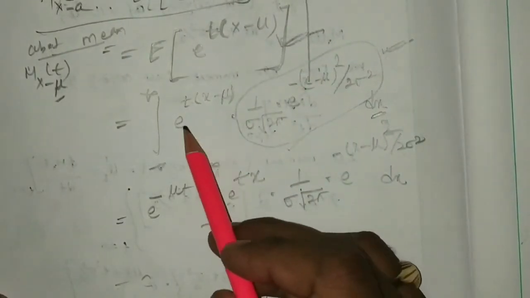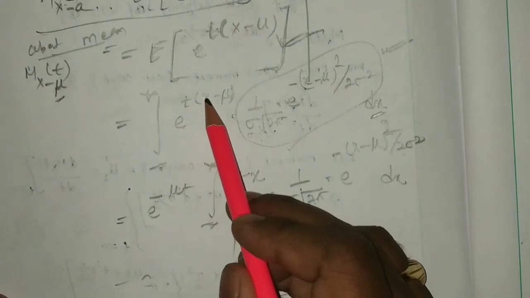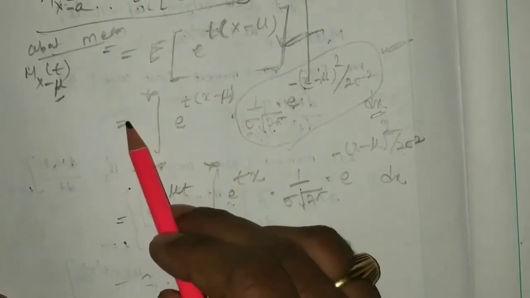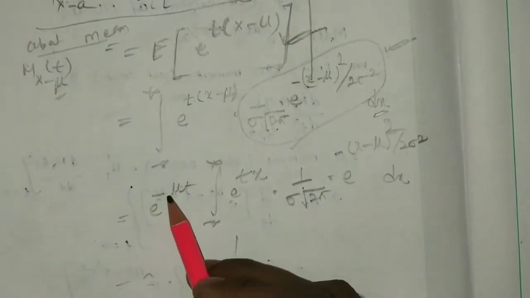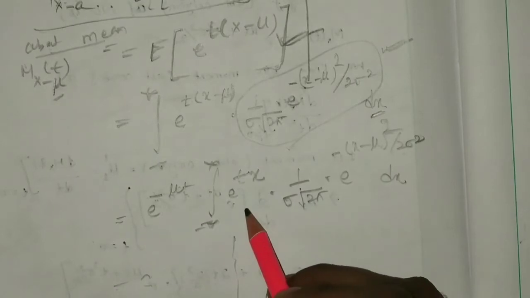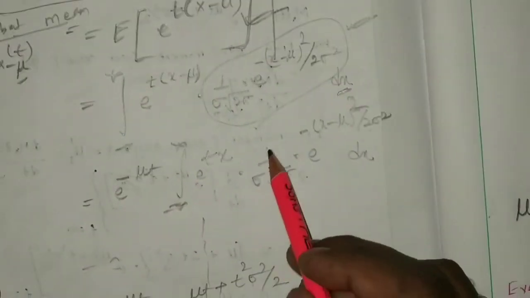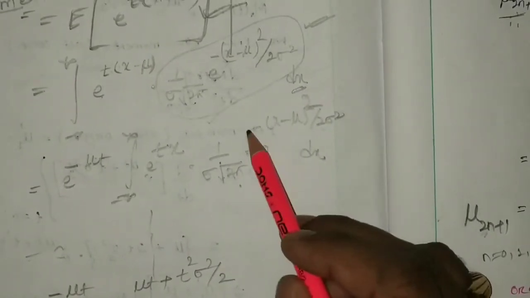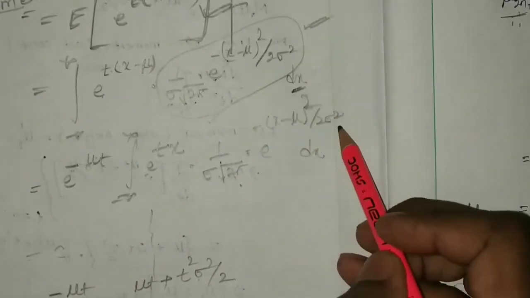So here e to the power t into x minus mu is there, so e to the power minus mu t taken outside, it is a constant, minus infinity to plus infinity e to the power tx into 1 by sigma root over of 2 pi into e to the minus x minus mu whole square by 2 sigma square into dx.